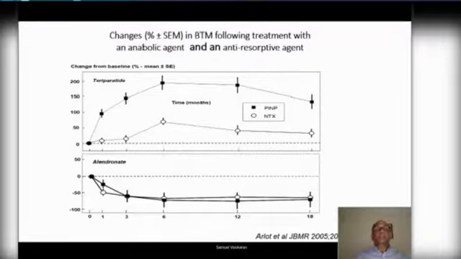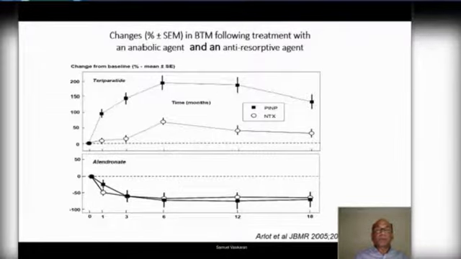Most treatments in osteoporosis are anti-resorptive, and most commonly used are bisphosphonates, which inhibit osteoclast action. Initiation of treatment leads to a decrease in bone resorption markers, shown here in the lower diagram. NTX decreases first, and because of coupling, there is a reduction in bone formation markers as well.